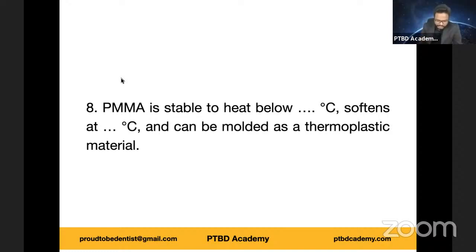So yes, very good. 125 degrees centigrade, here is the key. So polymethylmethacrylate is stable to heat below 125 degrees centigrade, softens at 125 degrees centigrade, where it can be molded as thermoplastic material.